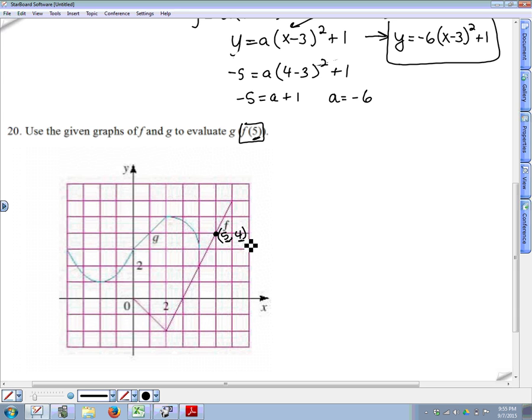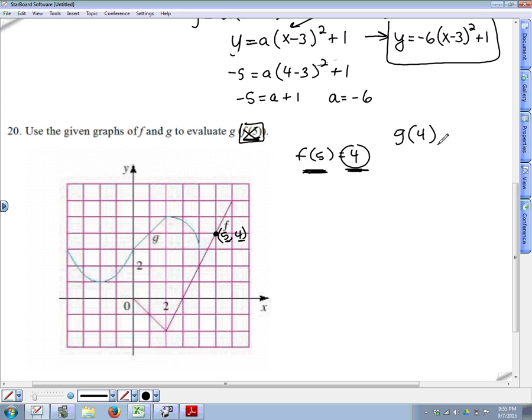So when x equals 5, the f function has a value of 4. So you could write this f of 5 is equal to 4. Now since these two are exactly the same, rather than saying g of f of 5, you can take the f of 5 and replace it with 4.